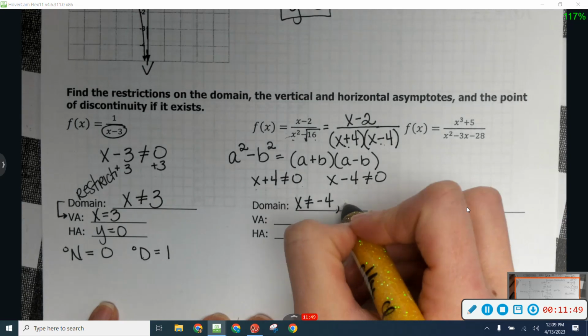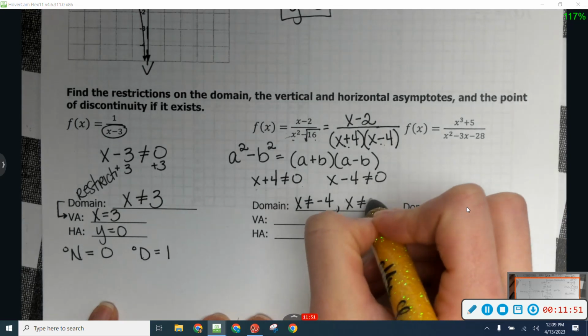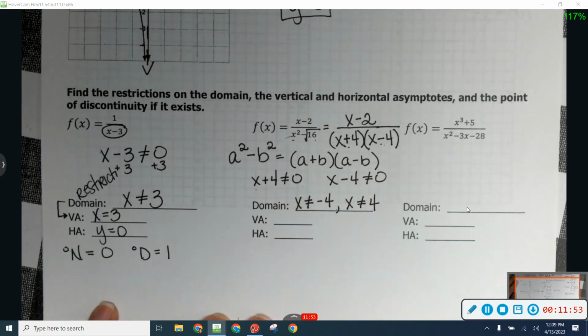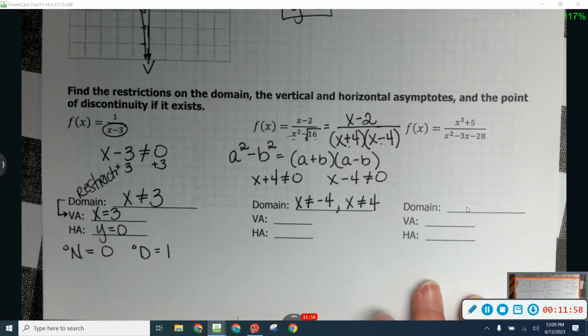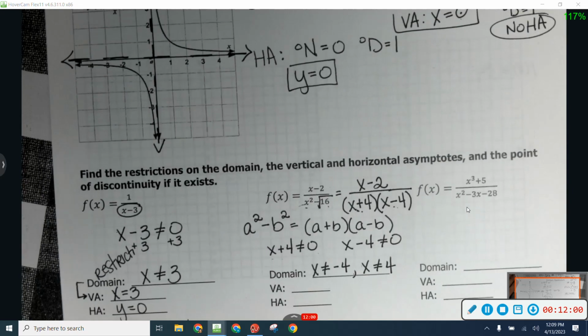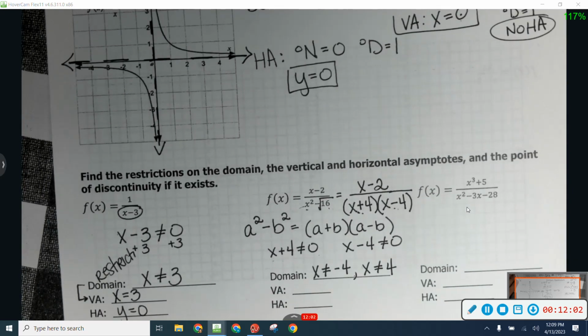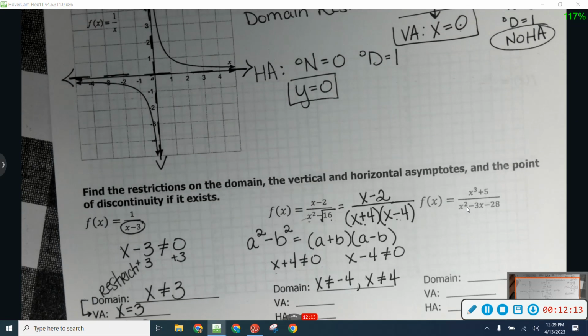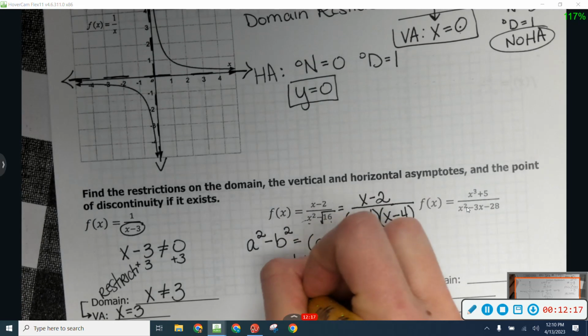I would add my 4, and it would give me x cannot equal positive 4. You follow me for that? Okay, so then your vertical asymptote is connected to that. What are my asymptotes for that? X equals 4 and x equals negative 4. The same exact thing, it's just equal to now.